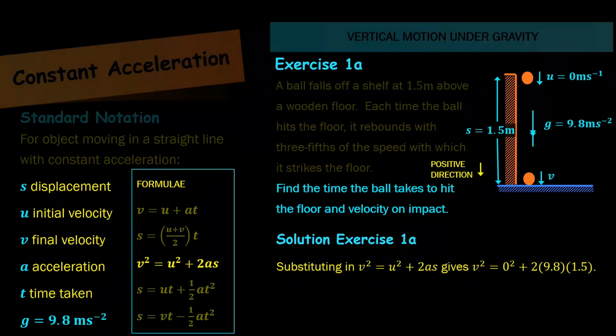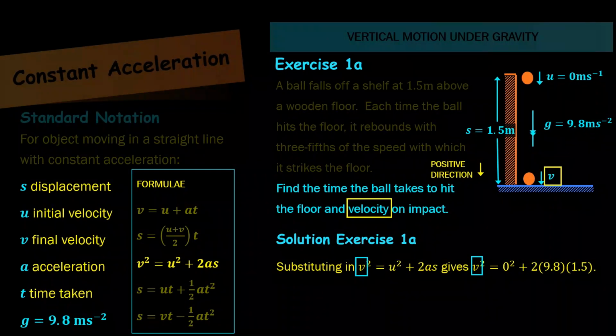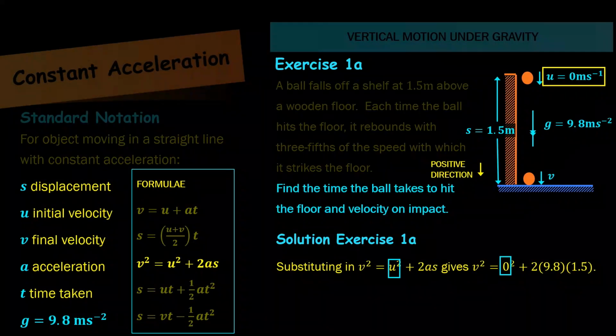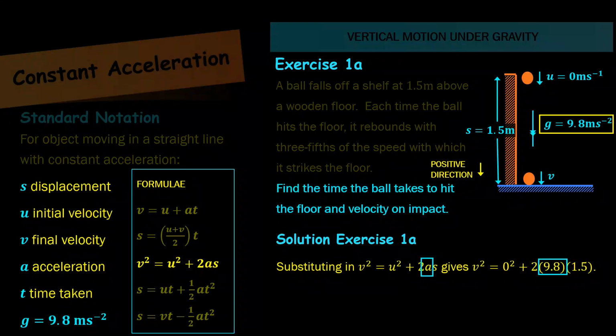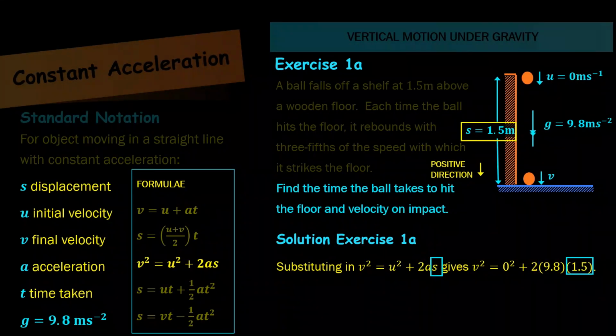And plugging in the values into this equation, we have v, because we're looking for v, we don't know what it is yet. u equals 0, a equals 9.8, and s equals 1.5.